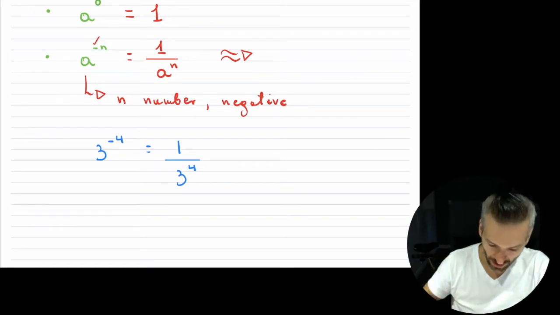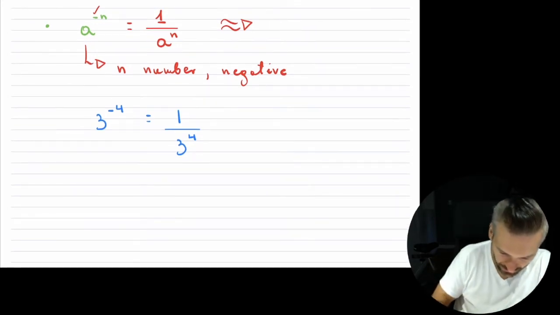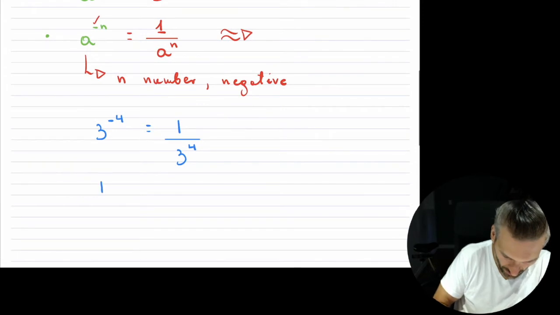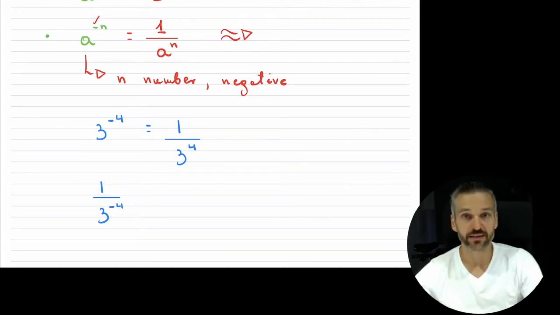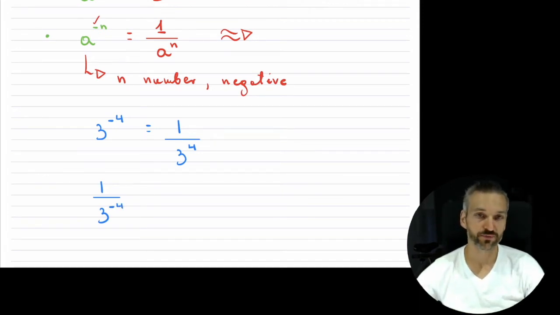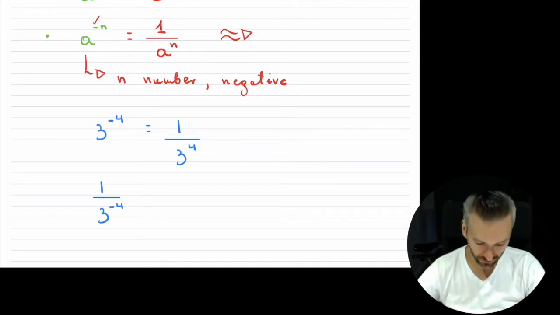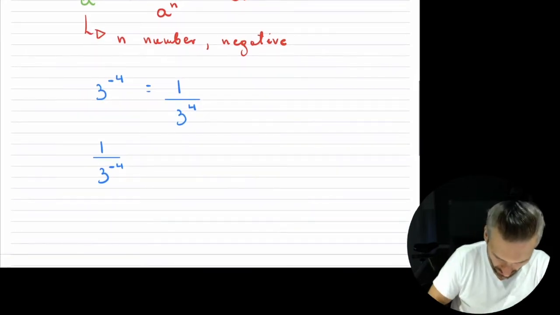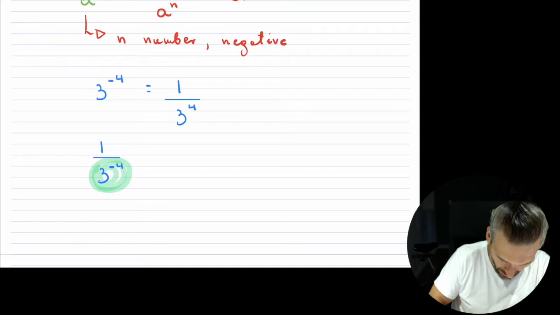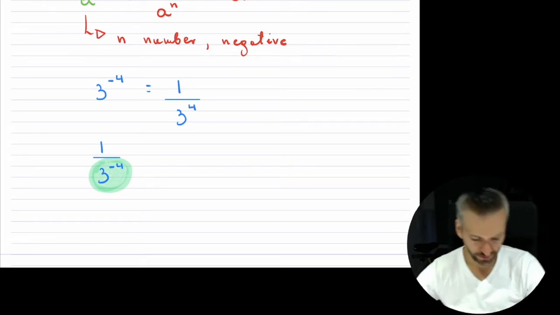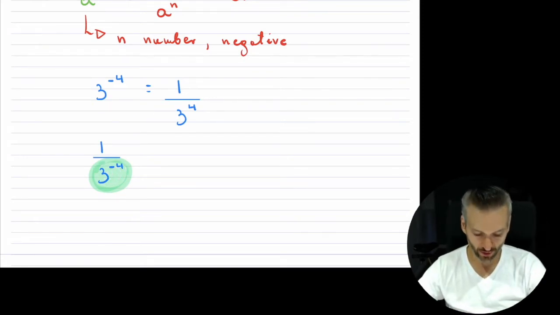Now, what would have happened if we had, let's say in reverse, this -4 at the denominator? So notice that this particular item at the bottom, we know that that is 1/3^-4.